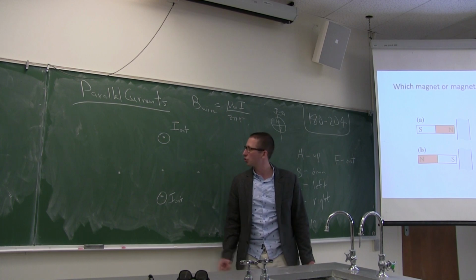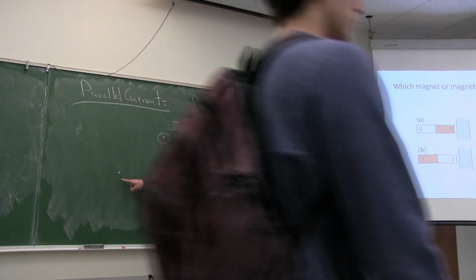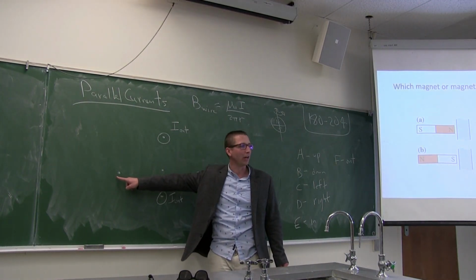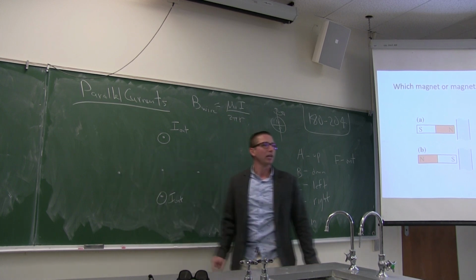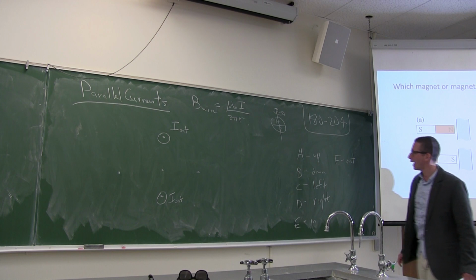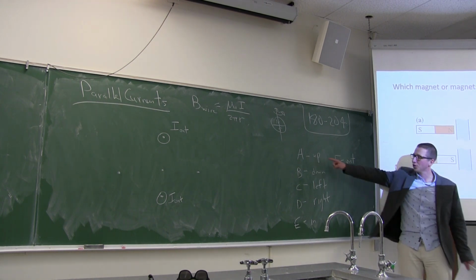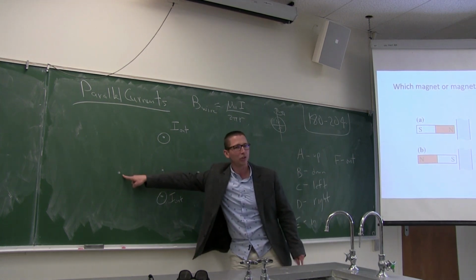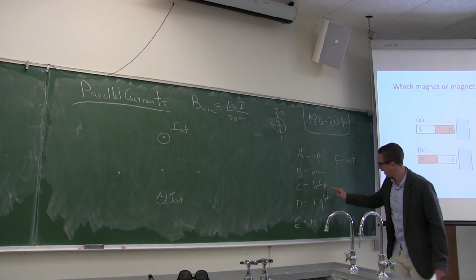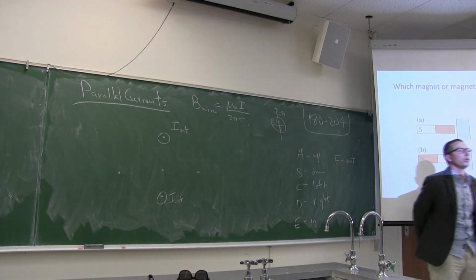Question is, what direction does the net magnetic field point right here? So take a few seconds quietly, and I'm going to have you vote the direction that the net magnetic field points at this dot right here. Up, down, left, right, in, or out.